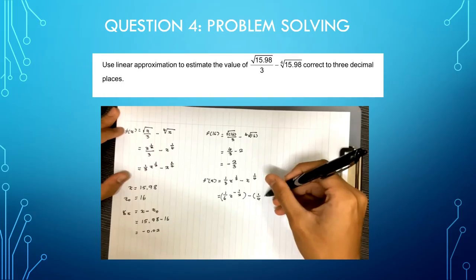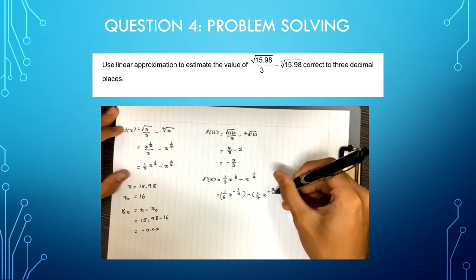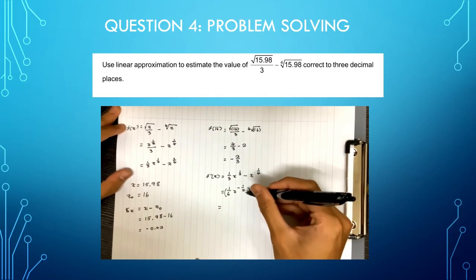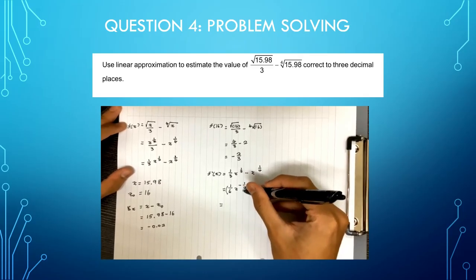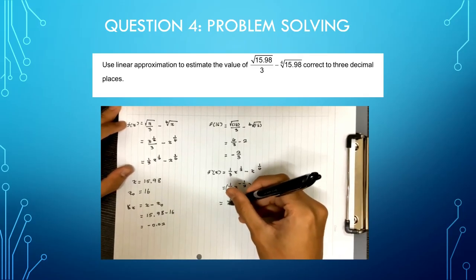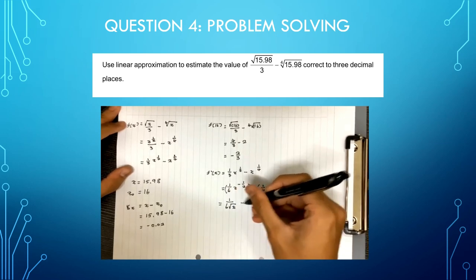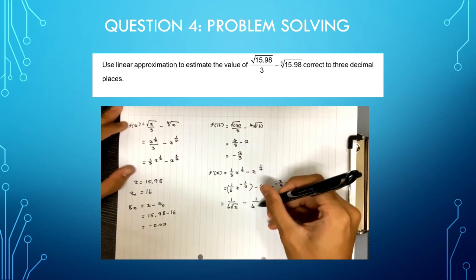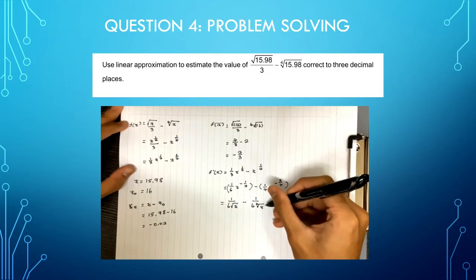So 1 over 4 x, so we get power minus 3 over 4. So we have to move the powers because it is minus. We have to move to below. So we get 1 over 6 square root of x minus 1 over 4 times the fourth root of x to the power of 3.